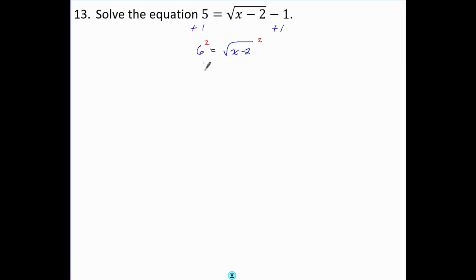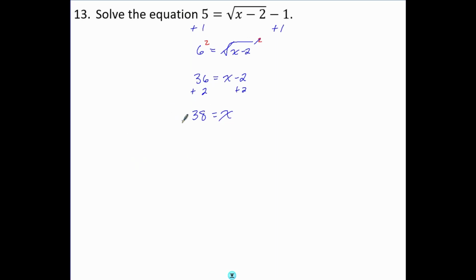Well, 6 squared is 36, equal to, and then the square root squared, those cancel each other out. We're going to end up with x minus 2. We can continue solving for x here. All we have to do is add 2 to both sides and get 38 equal to x, and that's going to be our final answer for this.